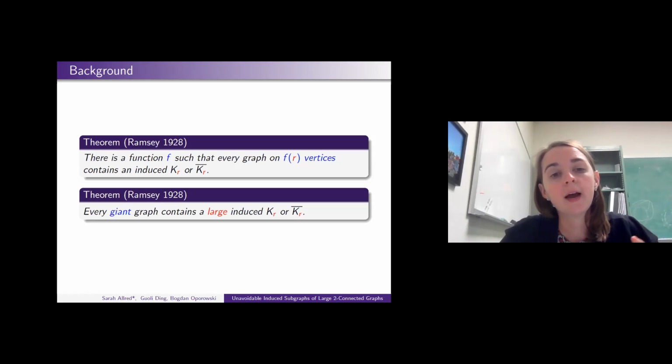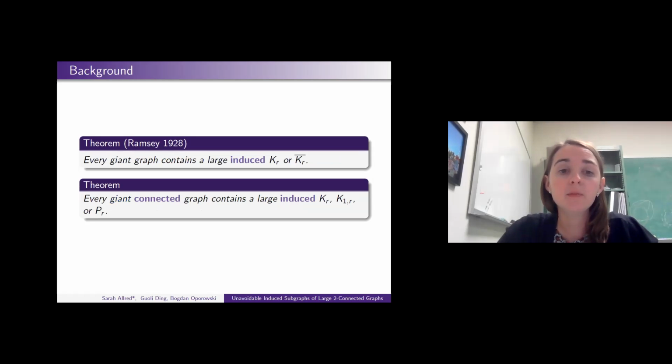Okay, so we have here no restriction on the connectivity of the graph. All we know is that the graph is really, really big. If we restrict the graph to being really, really big and connected, then we get that every giant connected graph contains a large induced complete graph, a star, or a path.